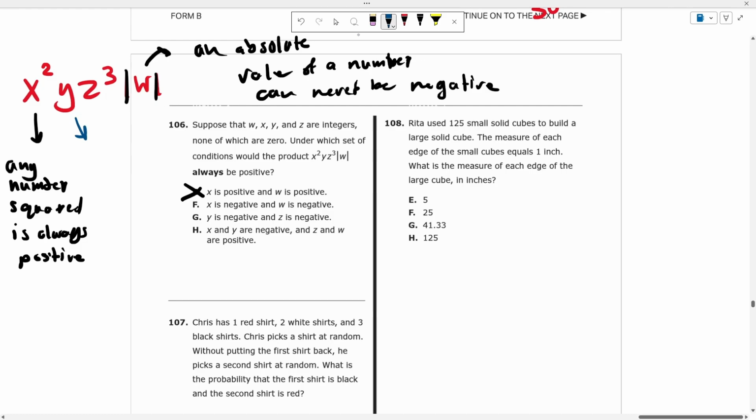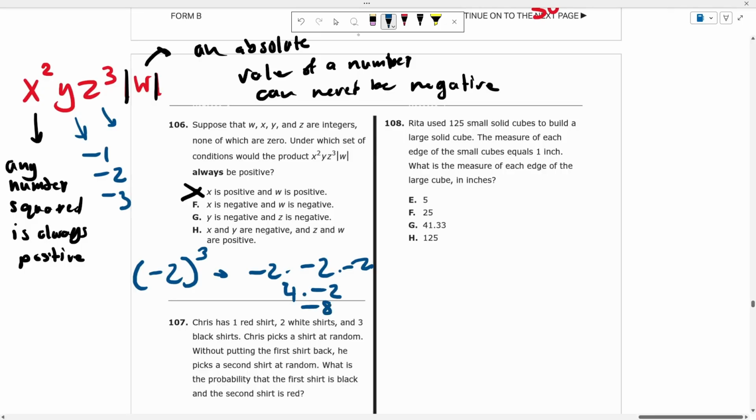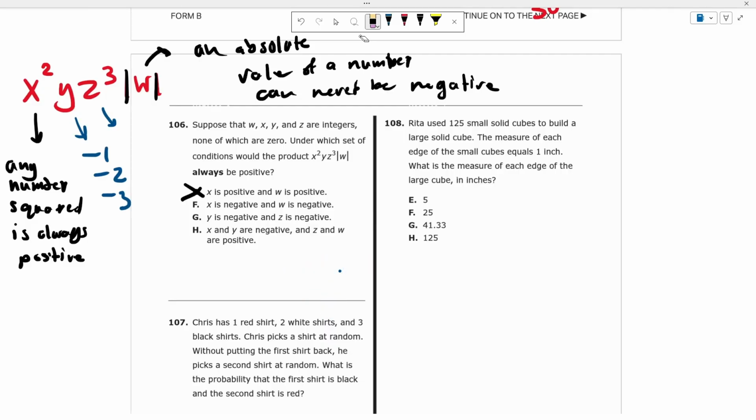Y can be negative just on its own if it's negative 1 or negative 2 or negative 3. Z can be negative because when you cube a negative number, it's still going to be negative. Negative 2 cubed is the same thing as saying negative 2 times negative 2 times negative 2. Negative 2 times negative 2 is positive 4, but positive 4 times negative 2 is negative 8. So the cube of a number isn't always going to be positive, okay?